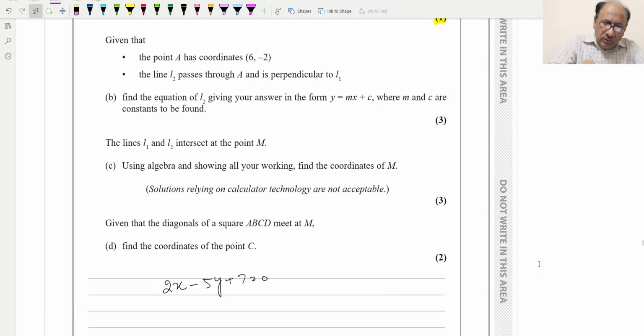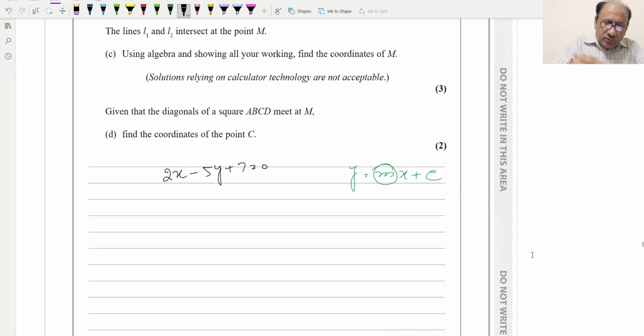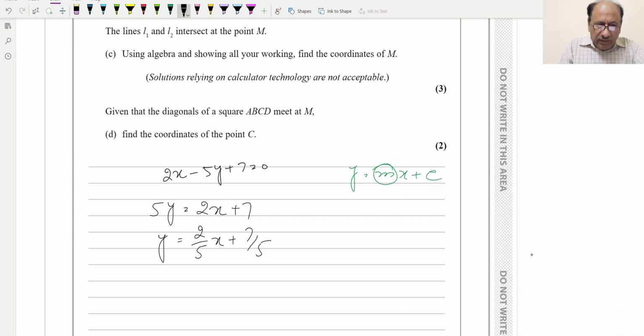Now we have to write this equation in y is equal to mx plus c format, and this m will be our gradient. So we have to change the format. So 5y we are sending to the other side, so it is equal to 2x plus 7. Now we can divide by 5, so y will be equal to 2 by 5 x plus 7 by 5. So gradient will be what?